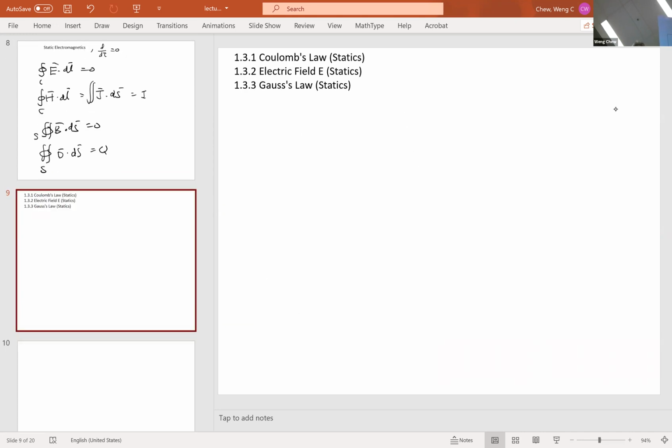So let's look at Coulomb's law. The way it was stated originally was quite different from what I said just now. Coulomb's law was formulated around 1785. It says that if you have two charges with different magnitudes, Q1 and Q2, and both are of the same polarity, both positive, there will be a repulsive force between them.